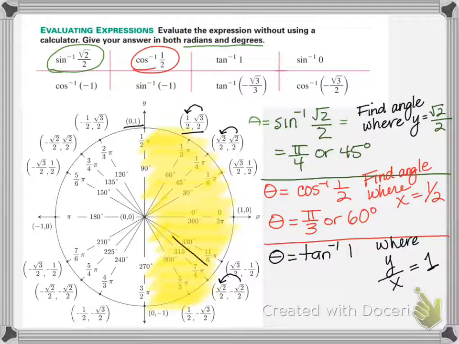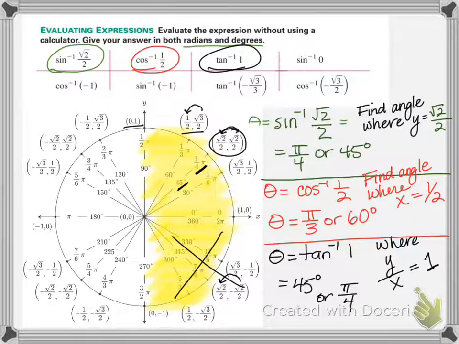So I don't want to do these right here at all because all these are positive and negatives, and I need a positive 1. So I know it has to be in this first quadrant. But this is the answer right here. Square root of 2 over 2 divided by square root of 2 over 2 is going to give me a 1. So my answers are going to be 45 degrees or pi over 4. Okay, so that's this one right here.